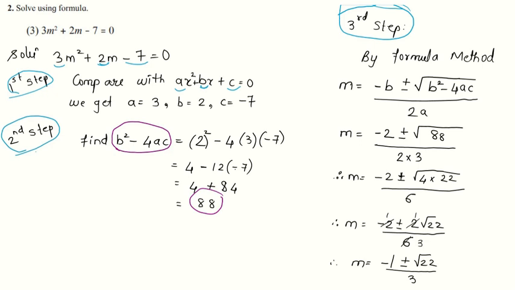So how we will proceed is, going on the next page, take the plus and minus sign away, that is, we will get m is equal to minus 1 plus root of 22 upon 3, or m is equal to minus 1 minus square root of 22 upon 3.